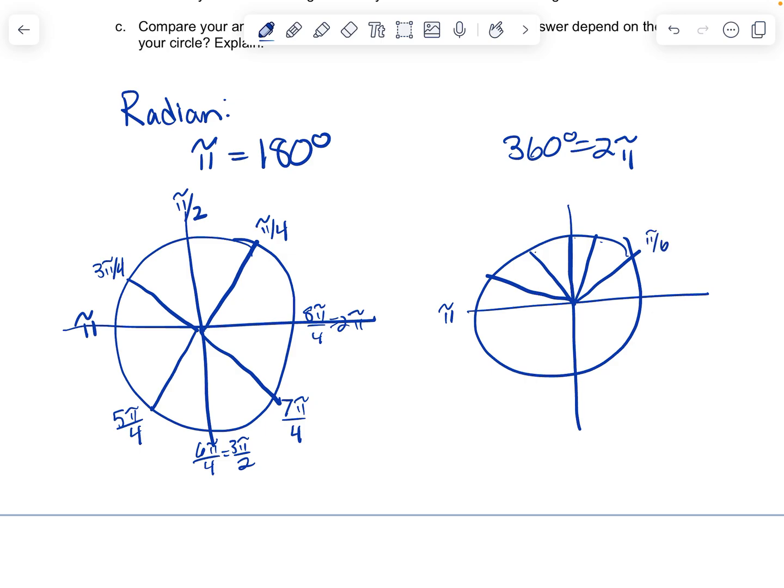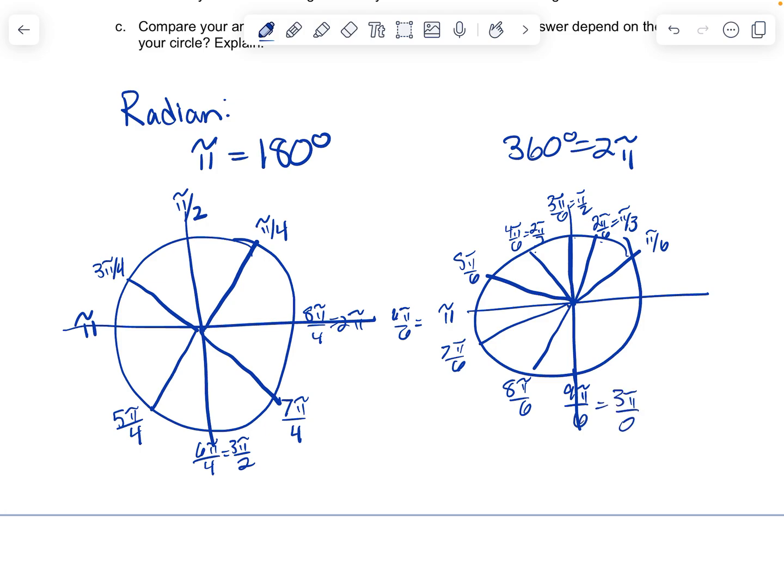So this would be 1 pi over 6, 2 pi over 6, or pi over 3, 3 pi over 6, pi over 2, 4 pi over 6, 2 pi over 3, 5 pi over 6, 6 pi over 6, or pi, 7 pi over 6, 8 pi over 6. Down here another 30 would be 9 pi over 6, another 30, so 10 pi over 6, which is 5 pi over 3, and 11 pi over 6.